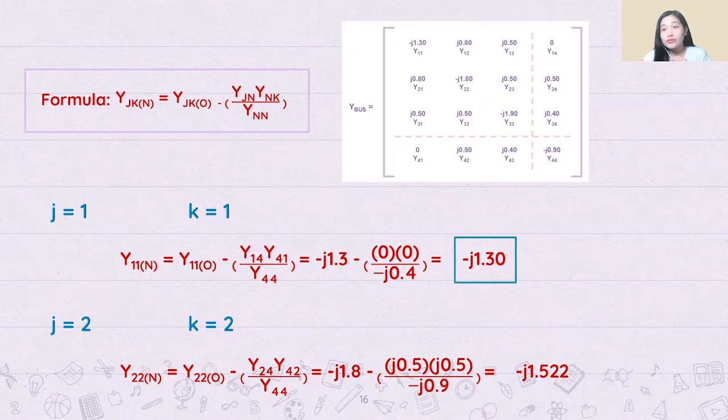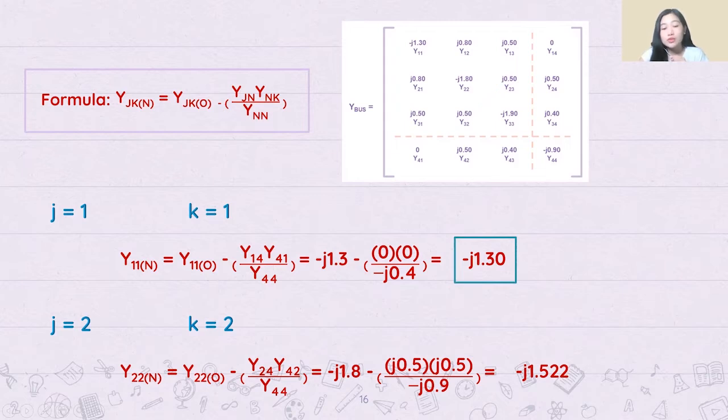Now, we are going to solve for the new value of Y sub 22. So Y sub 22 siya because our J and K are equivalent to 2. Minus our Y sub jn, where J is 2 and n is 4. That's why we have Y sub 2, 4, and Y sub nk, because n is 4 and k is 2. So that's Y sub 4, 2, all over our Y4, 4, which is equivalent to Y sub nn, where n is 4.